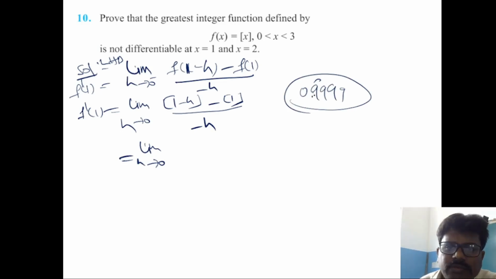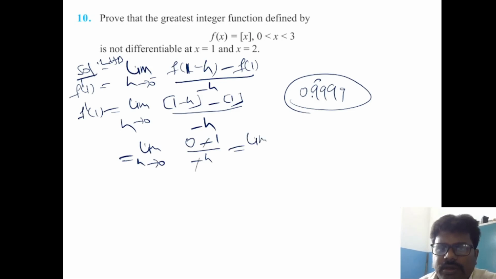So whatever it is, the integer which is very near and which is less than this will be equal to 0, minus 1 by, of course, minus h. Greatest integer of 1 is 1. So here minus and minus will cancel. Limit h tends to 0, 1 by h. Now when you are applying the limit here, as h tends to 0, 1 by h tends to infinity. So that means here it is not defined.